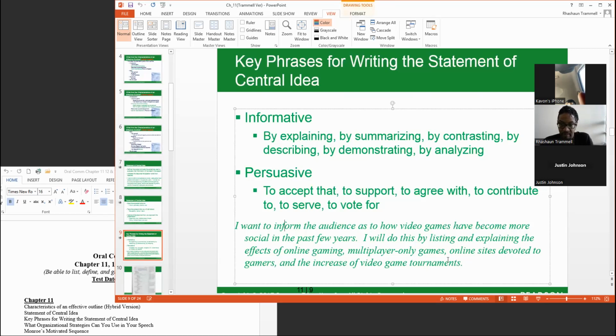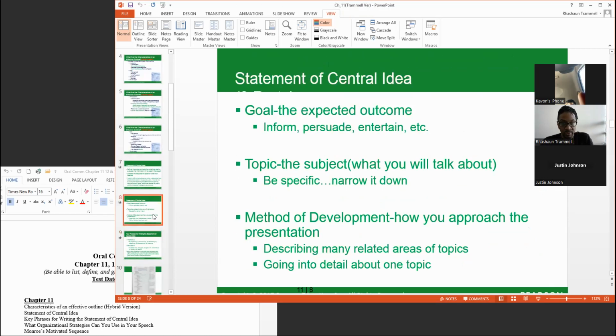The method of development is listing and explaining the effects of online gaming, multiplayer-only games, and so on. Those are the three elements: goal, topic, and method of development. Goal can be inform, persuade, and retain. For the topic, you don't want it to be too broad, or else you're just going to be missing out on a bunch of stuff.